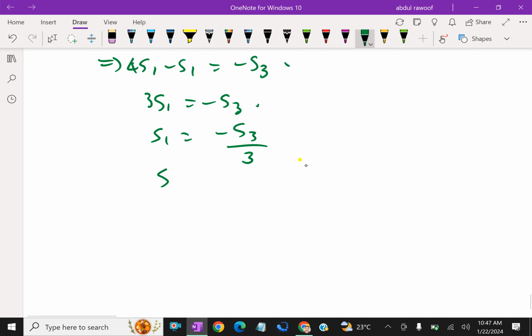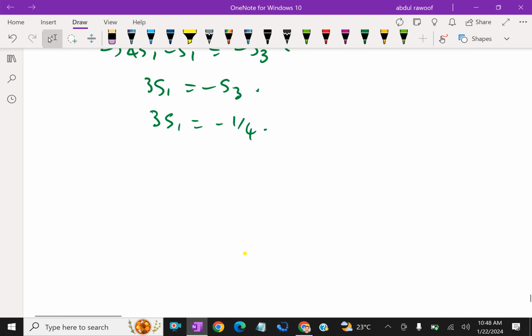But already we have S3 here. So 3S1 equals minus 1 over 4, because already we got S3 is 1 by 4.